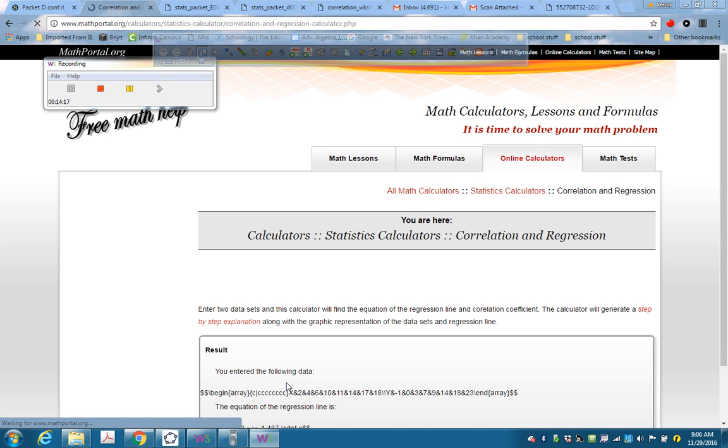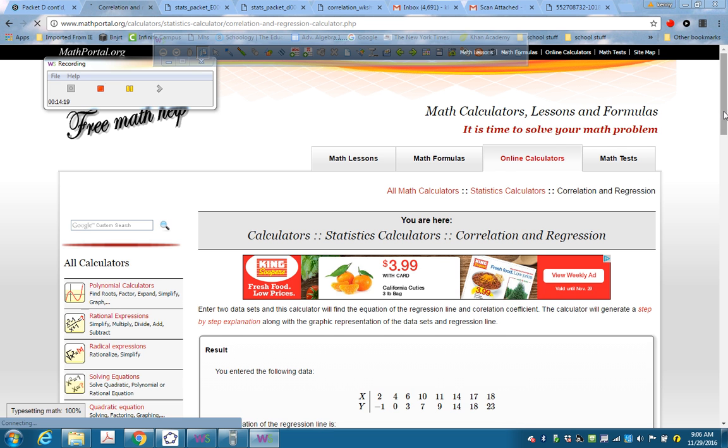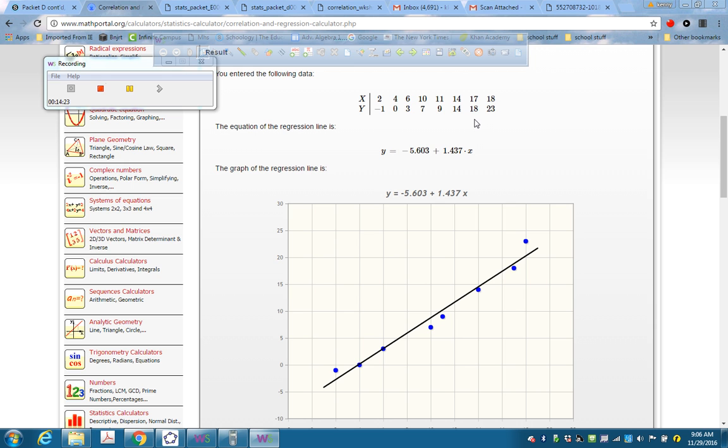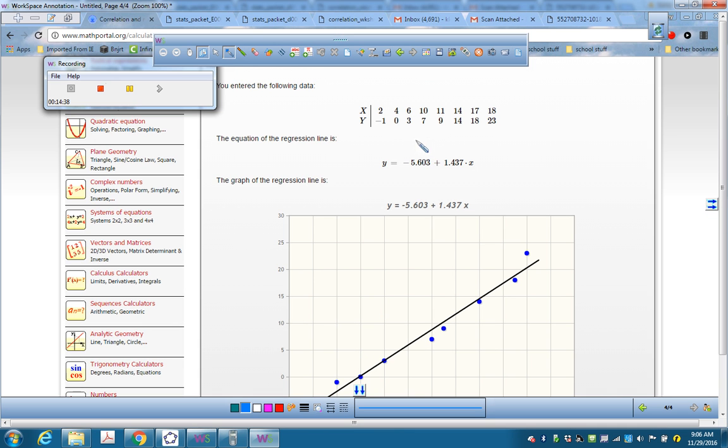But if I compute, it just basically gives you the equation of the regression line based on this data. So what does this represent in the regression line? This is B, so this is like your y-intercept, and this is M, which is your slope.